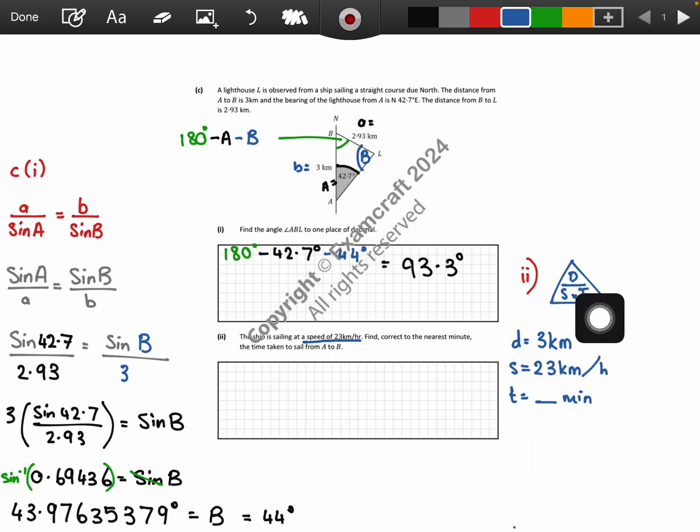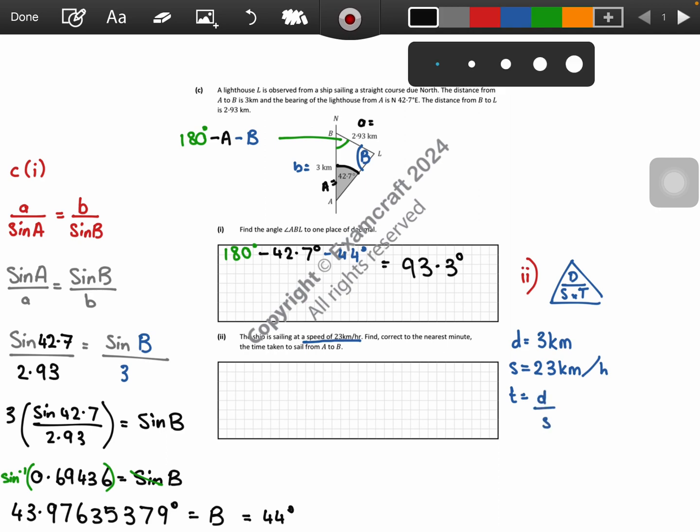Okay, so we are finding time, so cover over the t. And you see that time is distance divided by speed. So I'm just going to find the time in hours. It's distance over speed, so I'm going to fill that in.